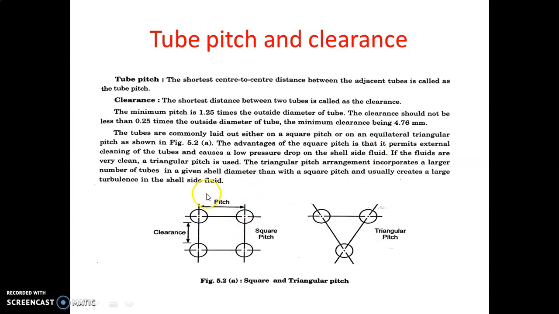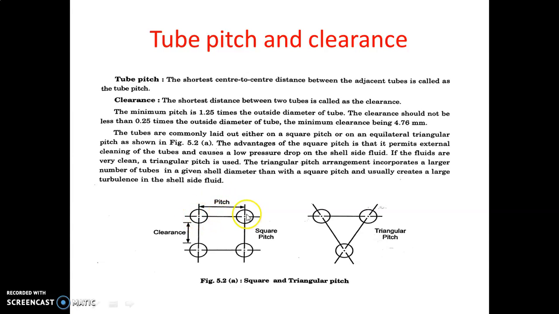What is the advantage? Cleaning of the tubes. Cleaning is necessary in the heat exchanger because sometimes solids are deposited inside the tubes or outside the tubes. At that time you have to clean the tubes, and low pressure drop is created on the shell side fluid.